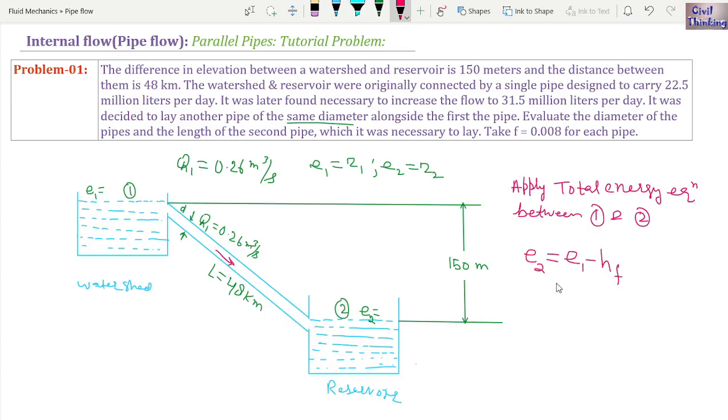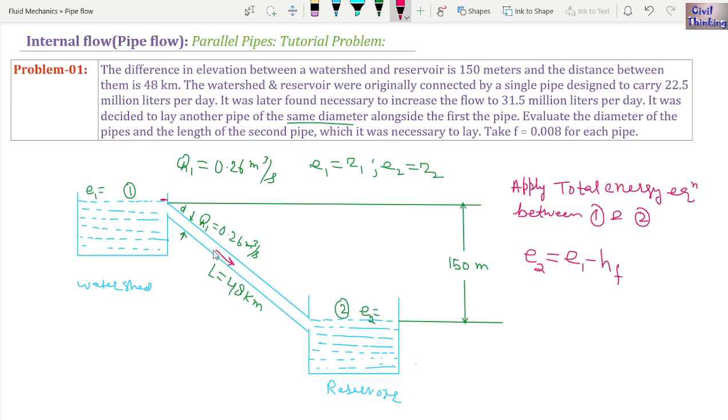This is the energy equation when we apply it between 1 and 2. Why is it like this? Let us first assume energy at 2 is equal to energy at 1. But when the water flows through this pipe, there will be losses. For example, let the energy here be E1. When it goes down, the energy is being lost, so the energy becomes E2.